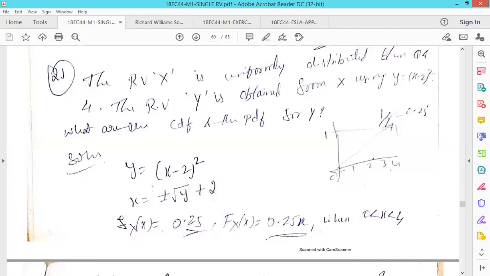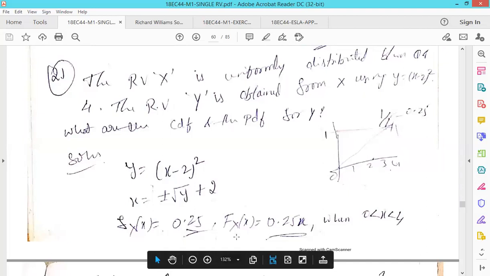So here, according to the given data, from 0 to 4 the random variable x is going to be distributed, and here the slope will be equal to 1 by 4. So from this we can write the PDF value as 1 by 4, that is 0.25, and from which we can also write the CDF function value Fx of x as 0.25x, which will be varying from 0 to 4.